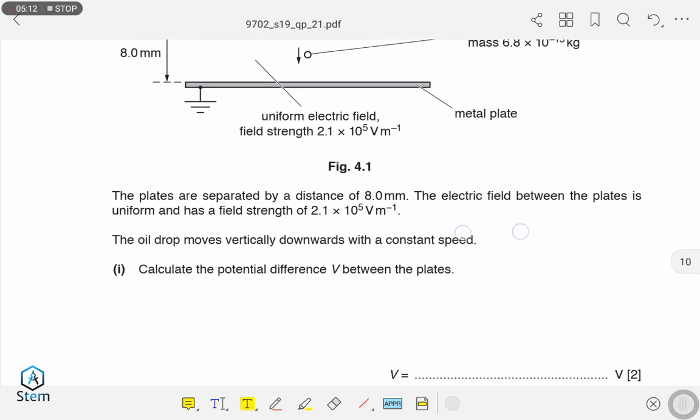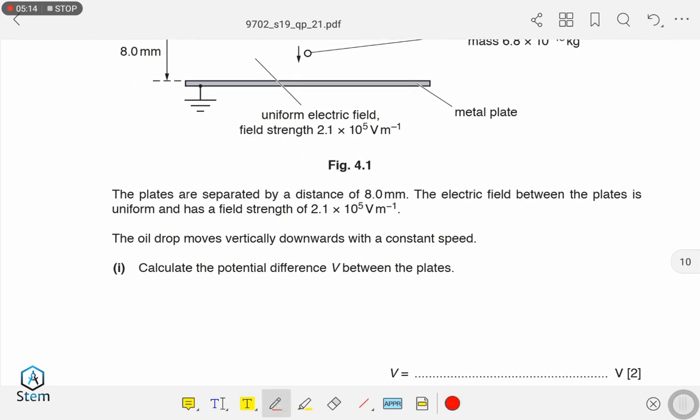Alright, this is easy. We can use the equation electric field strength is equal to V divided by d. Therefore, V is equal to E multiplied by d. And if we substitute the appropriate values, we see that our strength is in SI units, which is 2.1 times 10 to the power 5. And our d has been given as 8 millimeters.